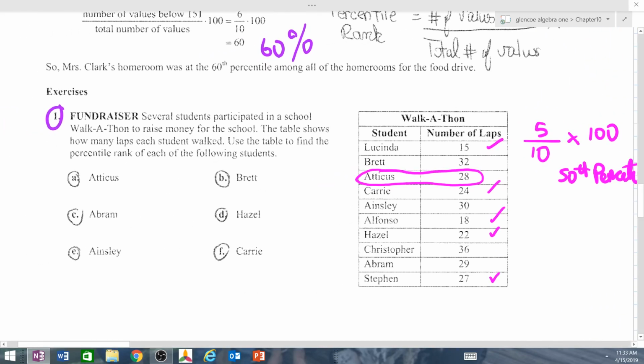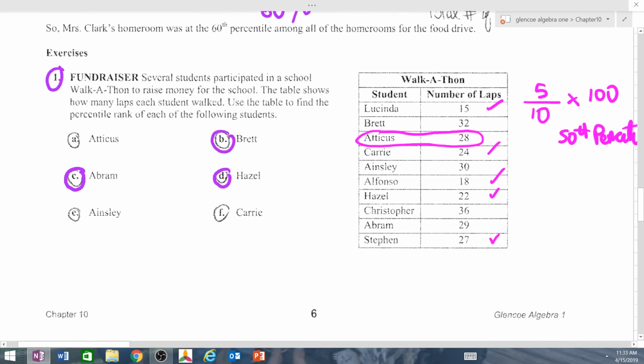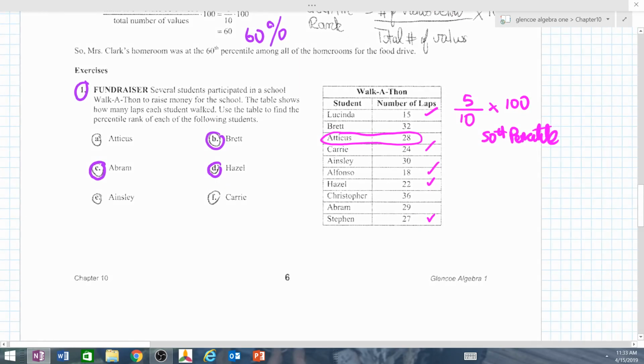So let's have you go ahead and do B, C, and D. You give me the percentile ranking. You can write the answer 2 ways. You can write 50th, 50%, or you could say 50th percentile. Both of them are correct. Okay?